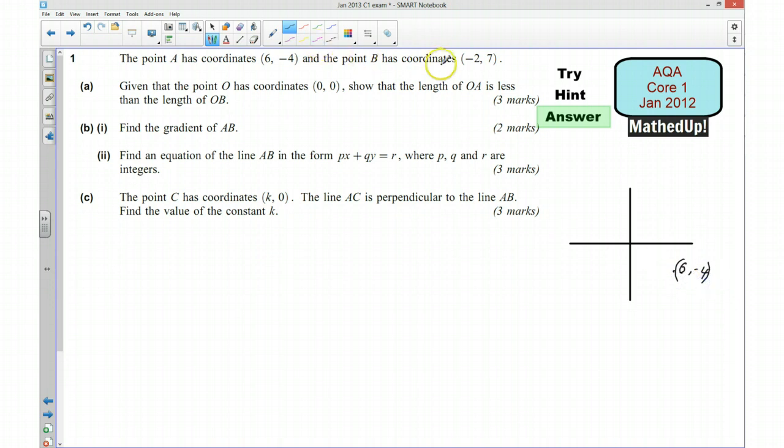Okay, and I'm also going to mark point B, which is going to have coordinates -2, 7. Up here I'm going to have -2, 7.